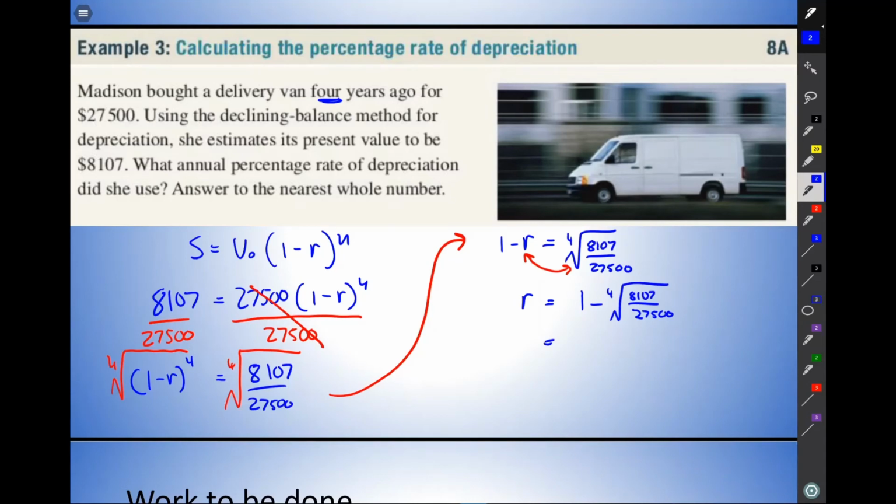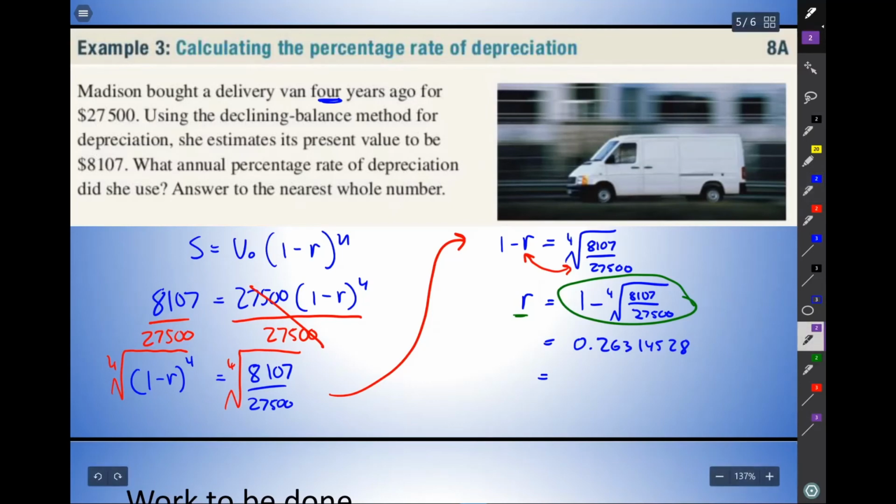And now this can go into our calculator because we have it as R equals. And your calculator is going to read out something like that. So we're asked to answer to the nearest whole number. So we'll round to there, and the answer will be 26%.